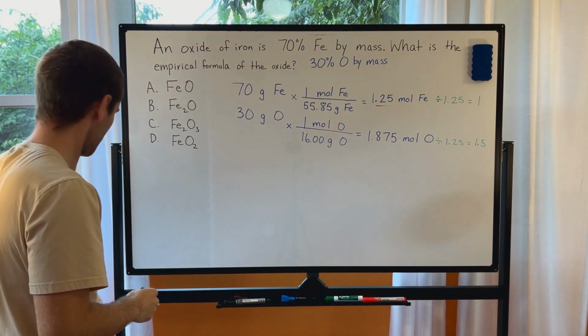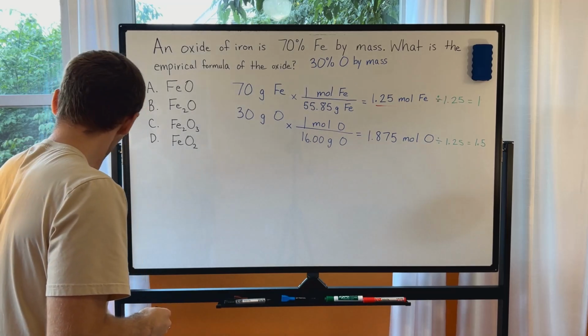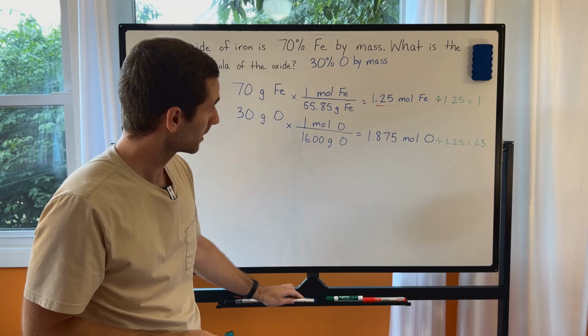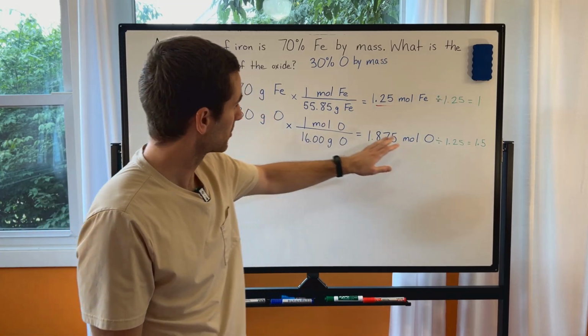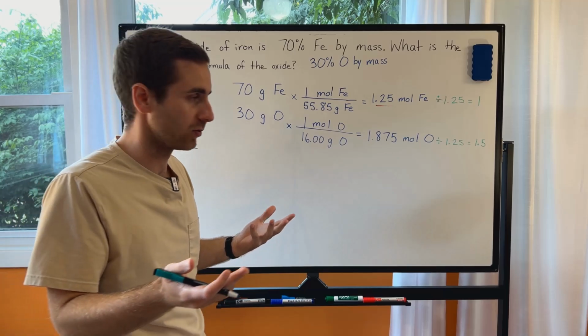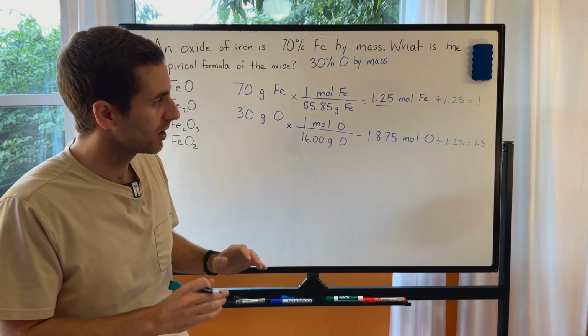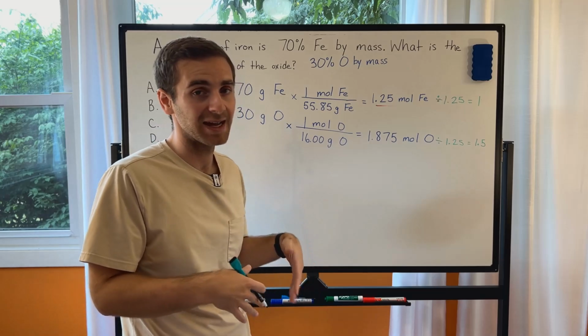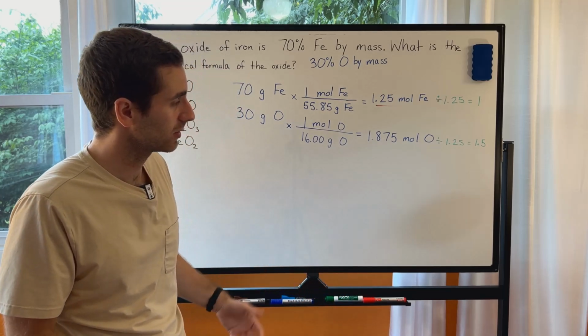At this point, we're hoping that we get whole numbers, because we're trying to find the subscripts for each element, and the subscripts have to be whole numbers. In some cases, you can round to the nearest whole number. If you get 1.99, you can round that to 2.